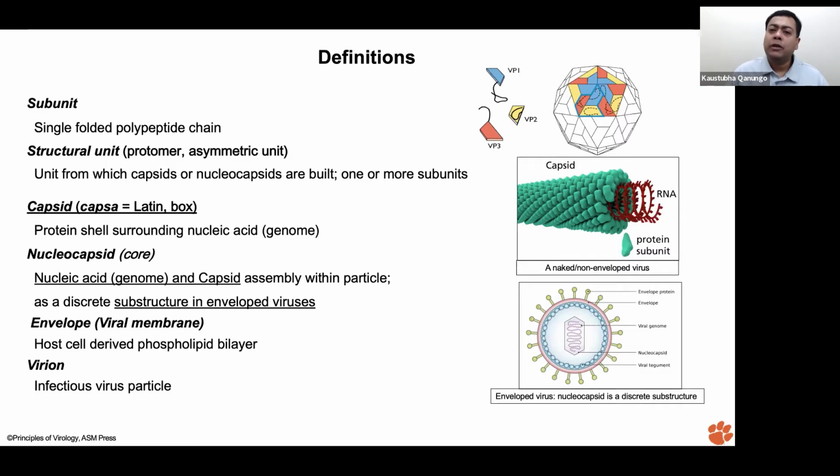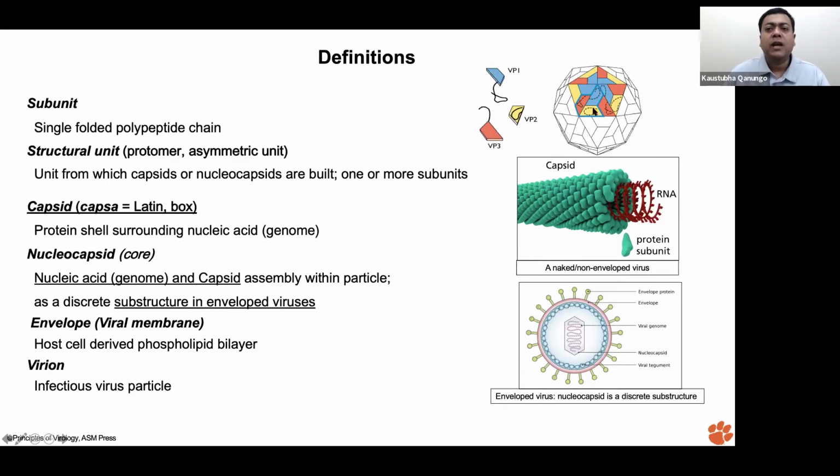If many protein subunits join together to form a larger protein, like say hemoglobin, that's called a quaternary structure. But here we are looking at the folded polypeptide chain, the individual protein molecules that are being built.